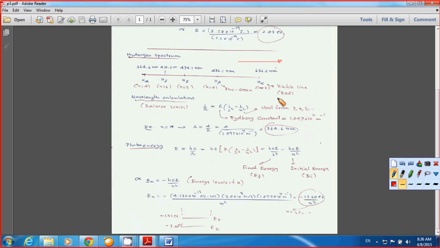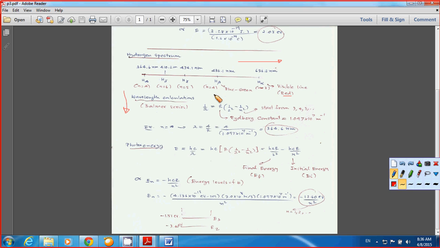H alpha is the visible red line, H beta is blue-green, and then H gamma, H delta, and H infinity. I have the number n to be infinity, n equal to 6, just to show you later what n means here.